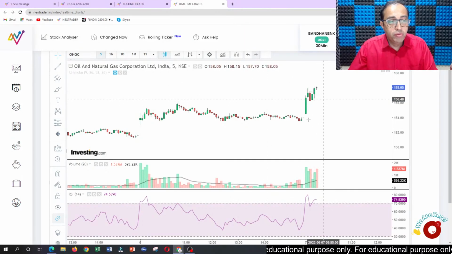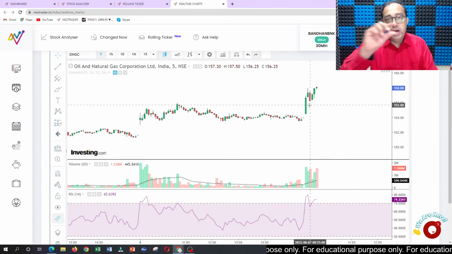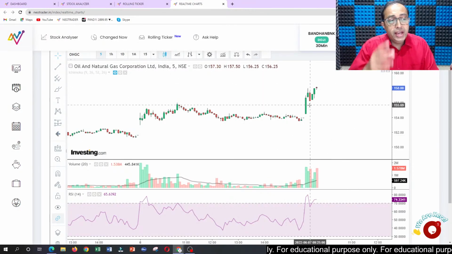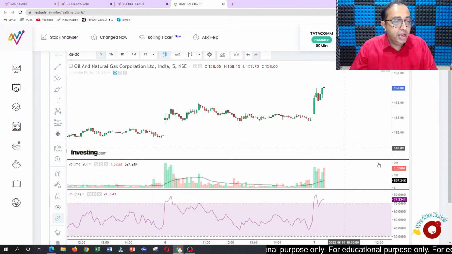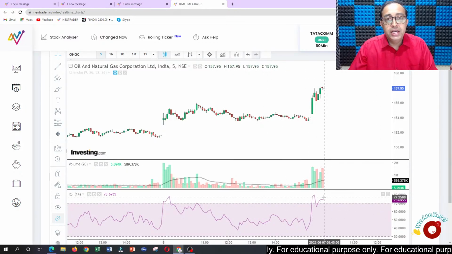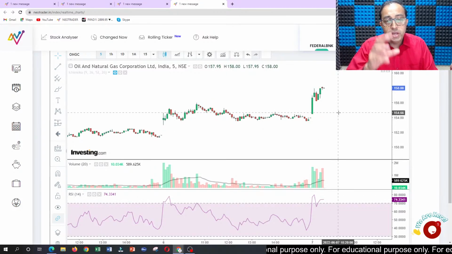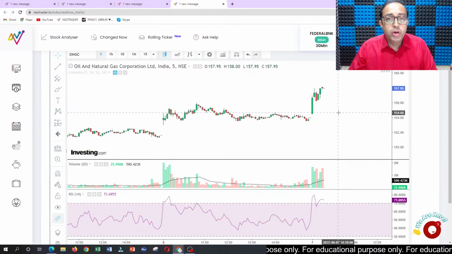So it's a good move. It's moved here and it's also giving you a good range breakout as well. So it's a good opportunity to initiate a long in ONGC. If you look at it, the momentum is also quite good, and you can see that the momentum is towards the positive side. So ONGC is looking like a good setup to trade on the long side.